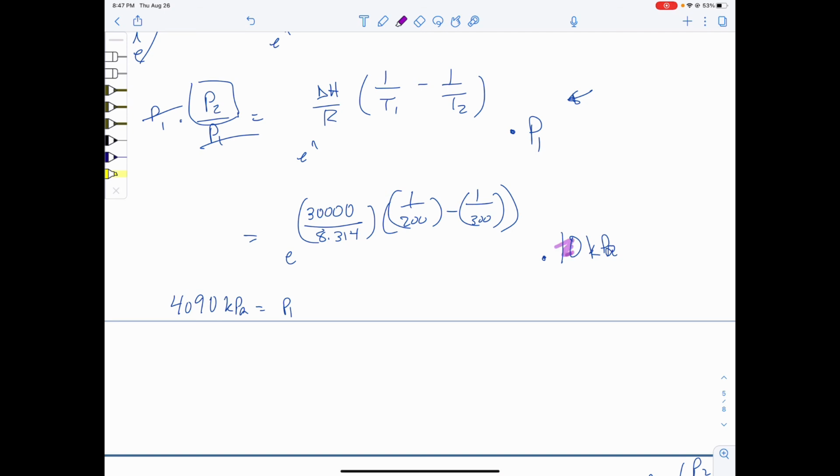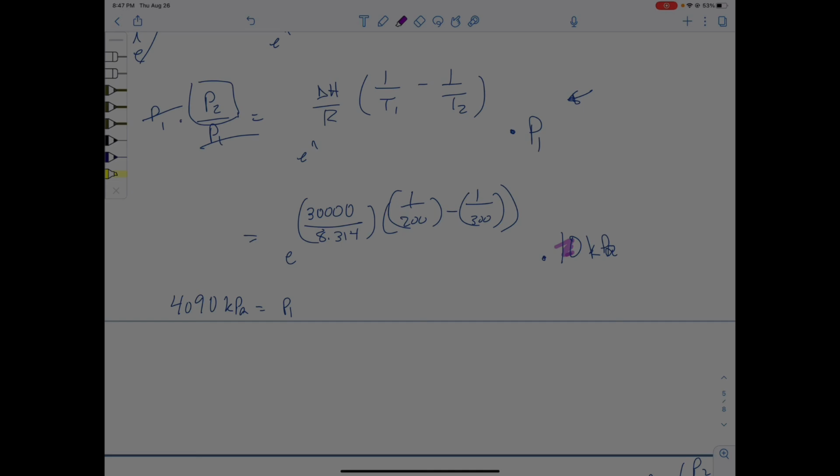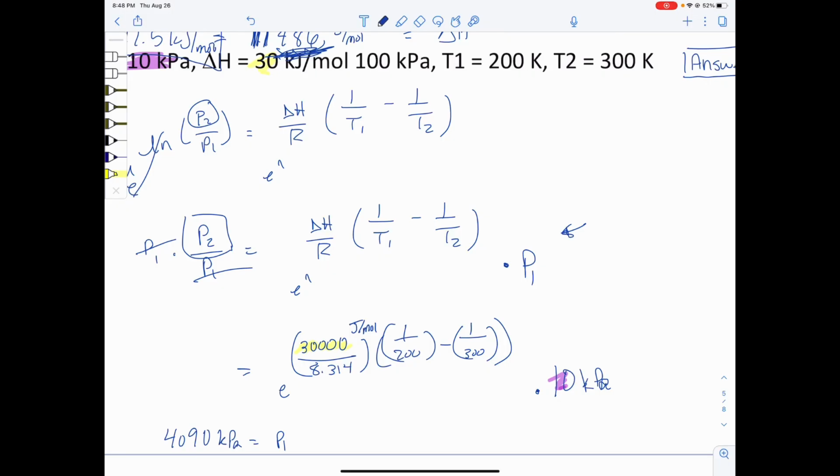And then double check my other numbers. The delta H is put in as a joule per mole, because it was a kilojoule in the problem, but I need my joule terms to cancel. So I need that term to cancel with this one, which is joules per mole per Kelvin, and those units are both kelvins.